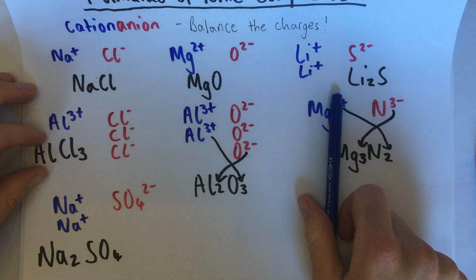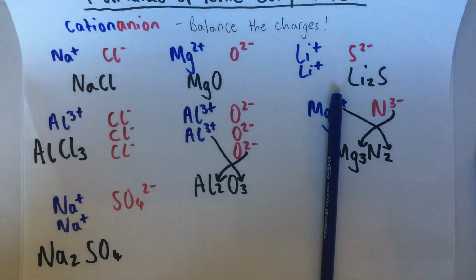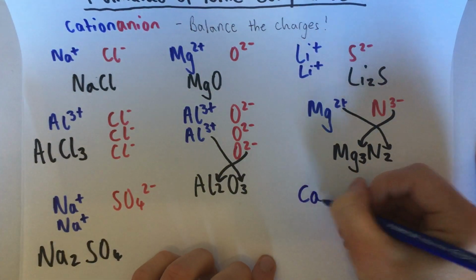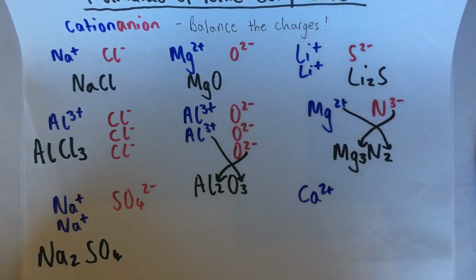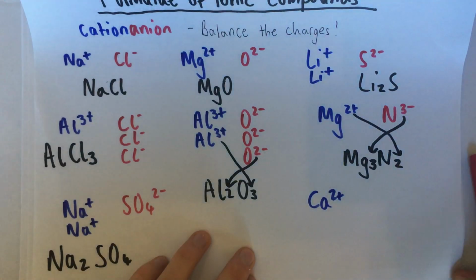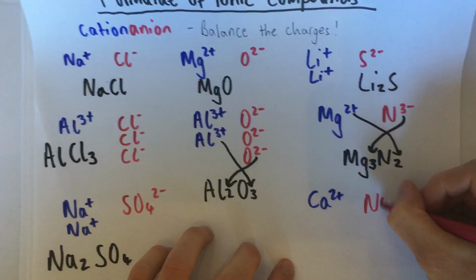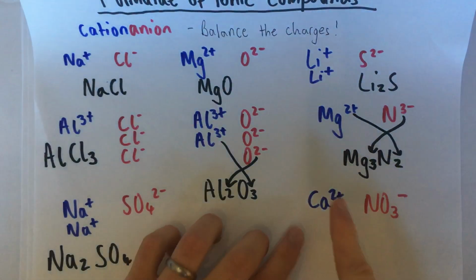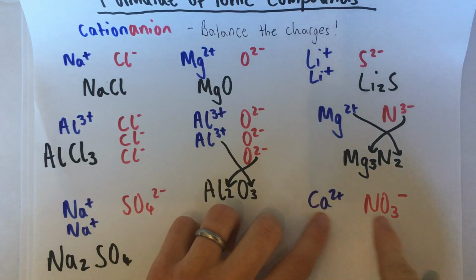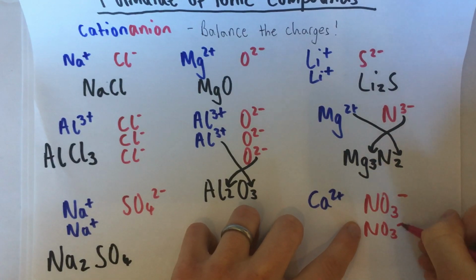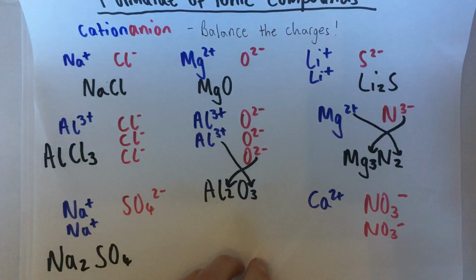One more example, calcium nitrate. Let's do calcium. If we look on our periodic table, it is Ca2+, and nitrate, you've just got to remember, I'm afraid, is NO3-. 1- is the charge on that. In this case, we've got too much positive charge, so we need another one of these nitrate ions. So another one of those, and now the charges balance.